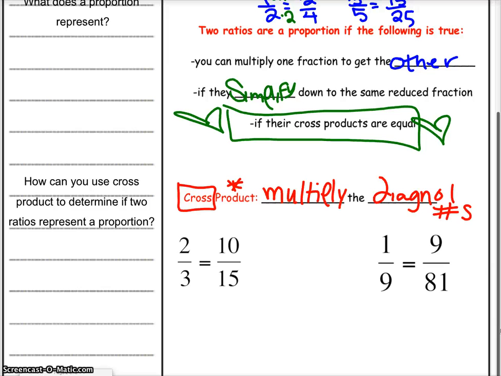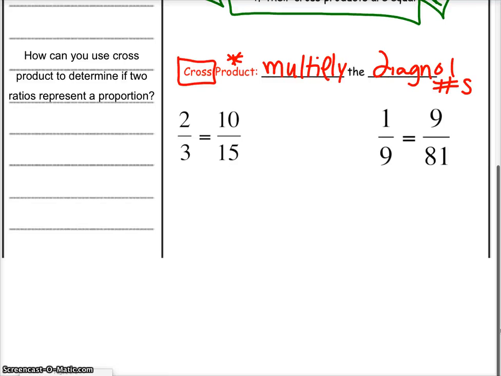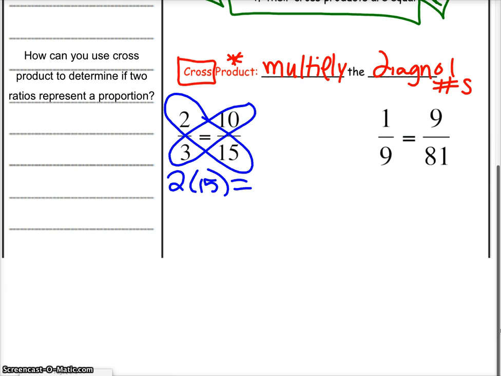For example, I want to know, is this a proportion? I'm not going to use the first two strategies. I'm using the third strategy of cross product. So I'm saying, does 2 times 15 really equal, you're checking to see if it's a solution, 3 times 10?